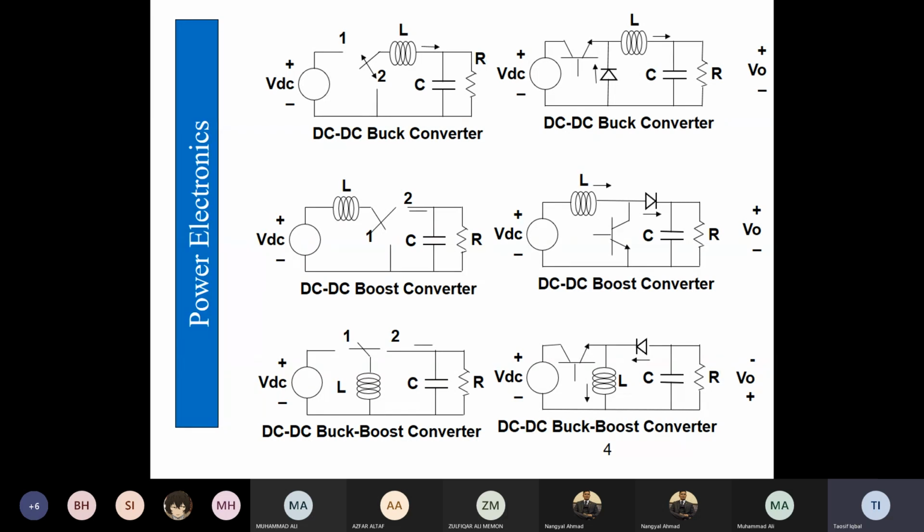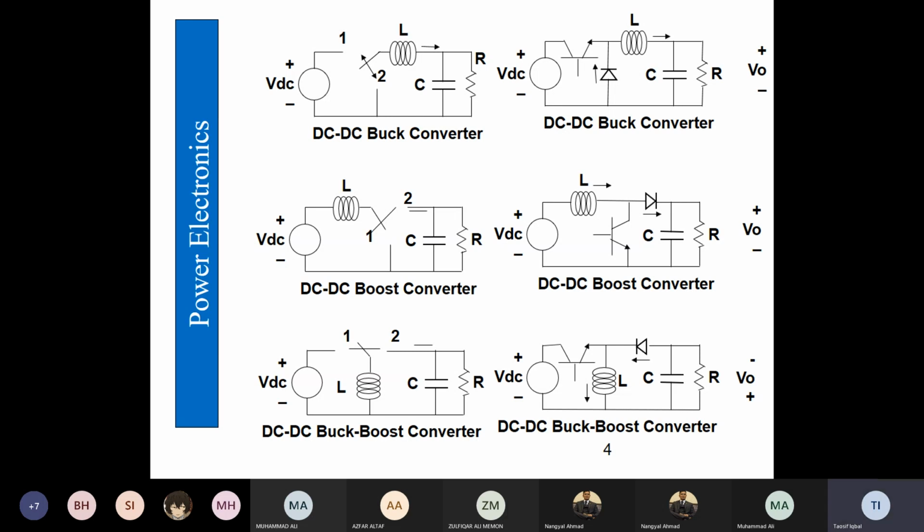So there are a lot of other types of DC to DC converters, but the basic working is the same. They are either stepping down the input voltage to a lower output voltage, or stepping up the lower input voltage to a higher output voltage.